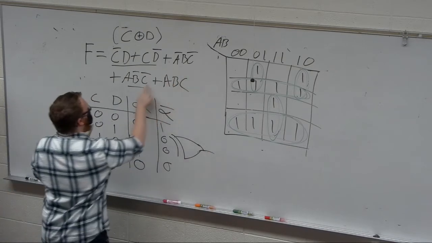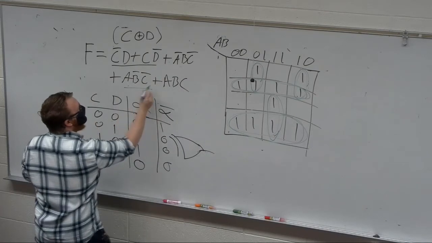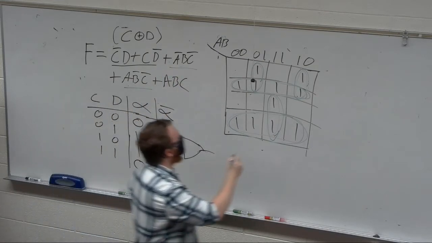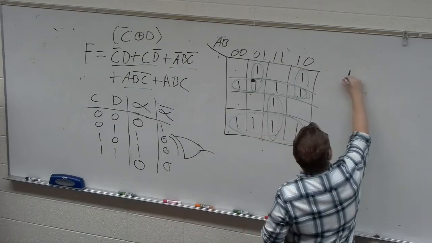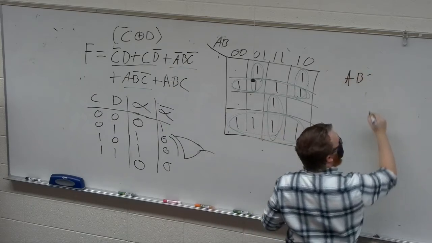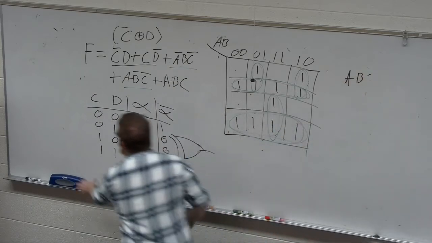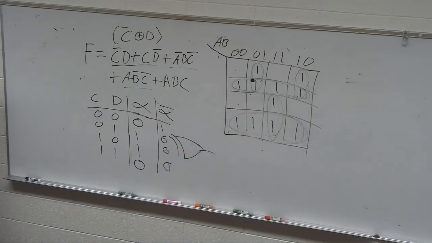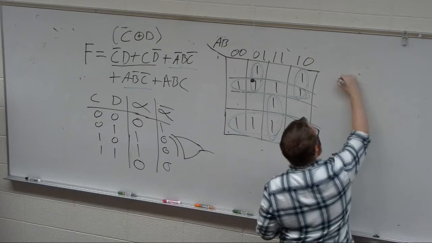He's calling out, let me do this in a different color, this term, that term. Let's jump over here. So we have A, B, oh wait, I'm going to run off the edge of the world according to my screen. Oh, I've got a little bit of room, we're good.